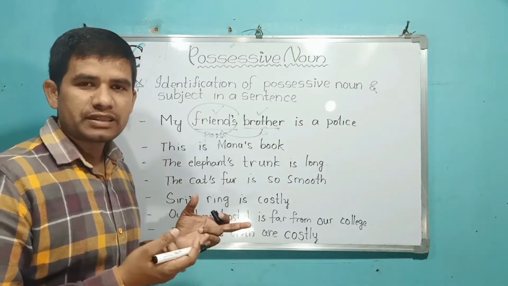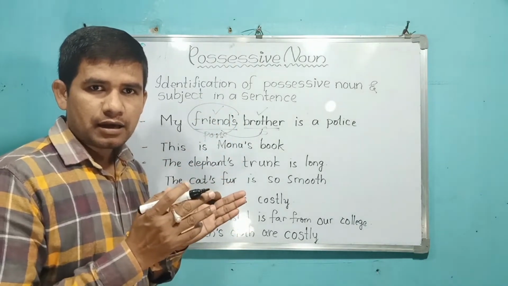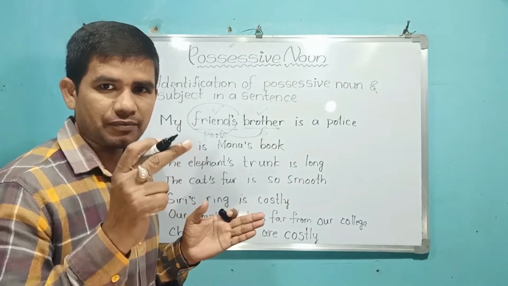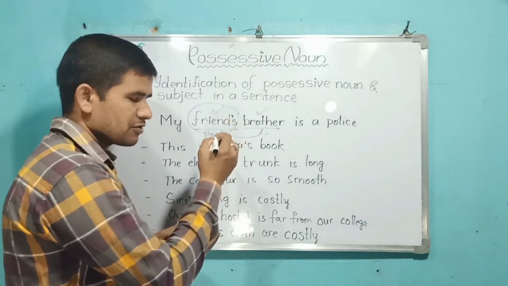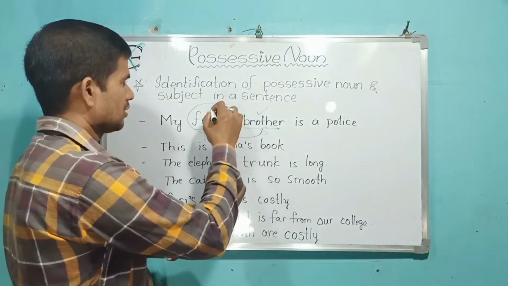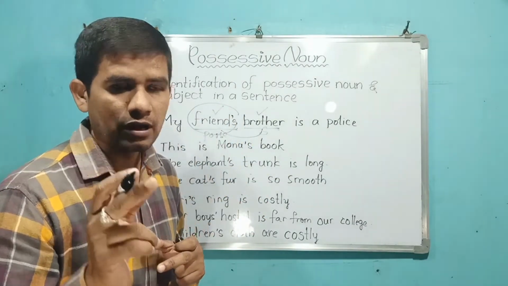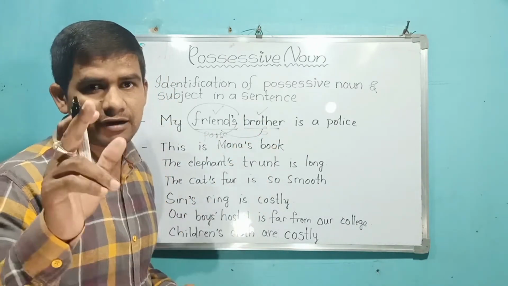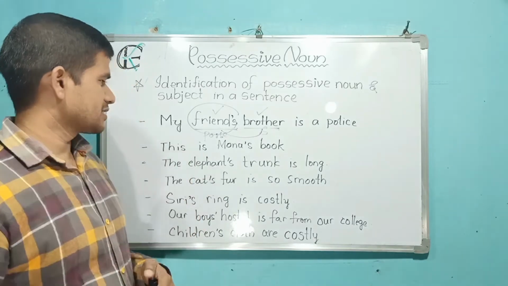Very easy. We know that a word will be a possessive noun by adding apostrophe s. Since apostrophe and s are there, friend's is the possessive noun and brother is the subject. In this sentence, brother is the subject. Clear? Then we will go through the next example.